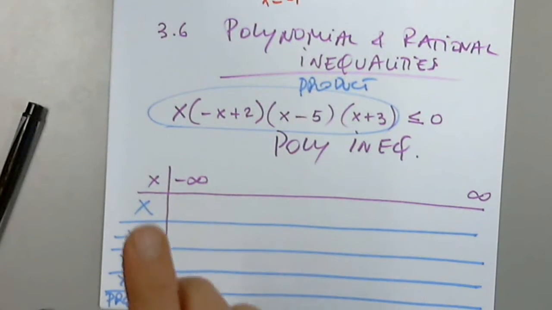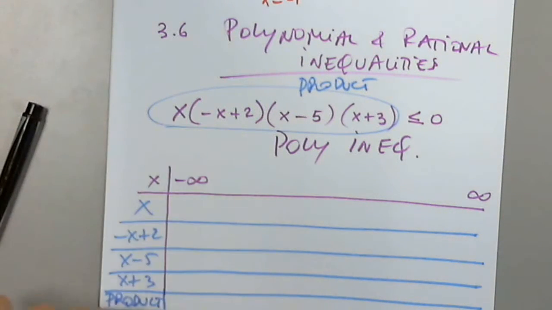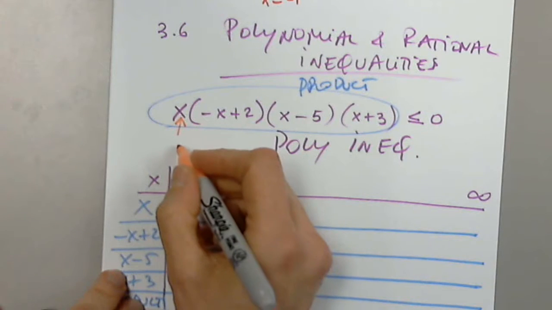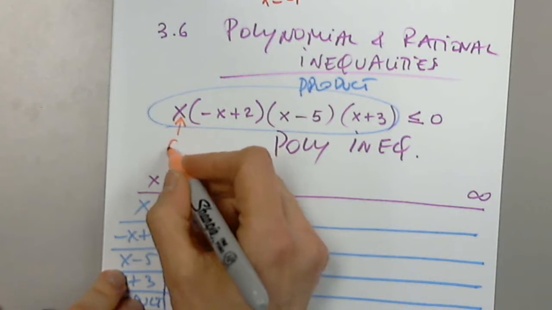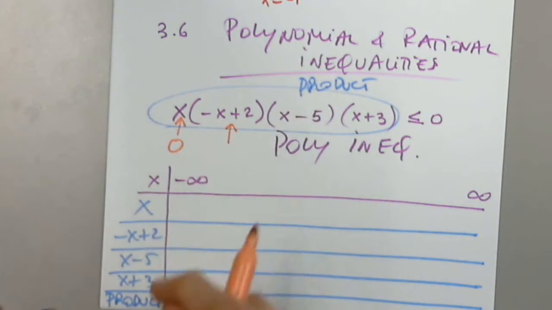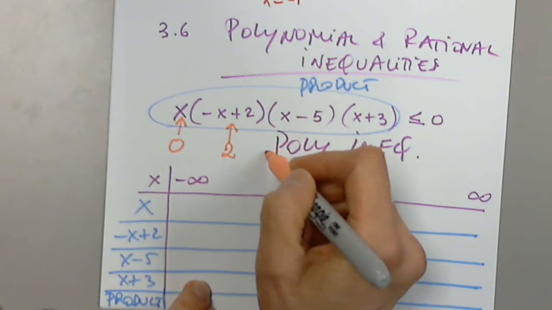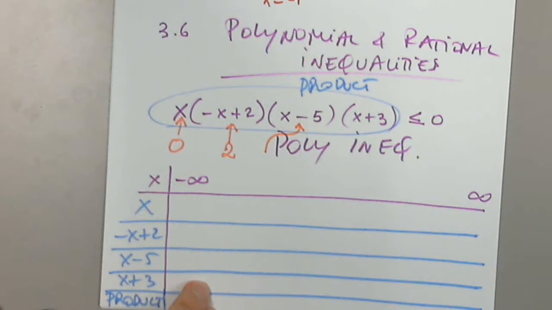Good. Please tell me, where is x zero? I need the x-intercepts for each and every one factor. Where is x zero? At 0. Where is this factor 0? Set it equal to 0. Don't look at me. Just write it down. Negative x plus 2 equals 0, it's at 2. Very good. Okay, where is this factor 0?